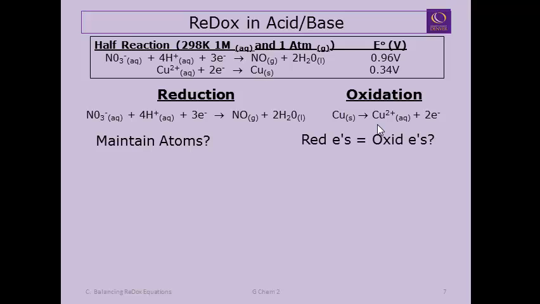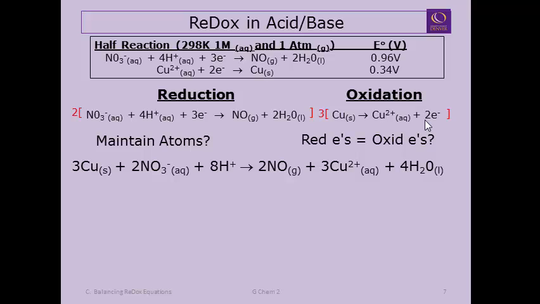And then the second question is, are the electrons that are reduced the same number as the electrons that are oxidized? And the answer is no, because this is a 3-electron reduction and a 2-electron oxidation. So you can obviously multiply the whole equation up by the appropriate numbers so that you can get to a 6-electron transfer. And from there you can then just collect terms and write the overall balanced redox equation.